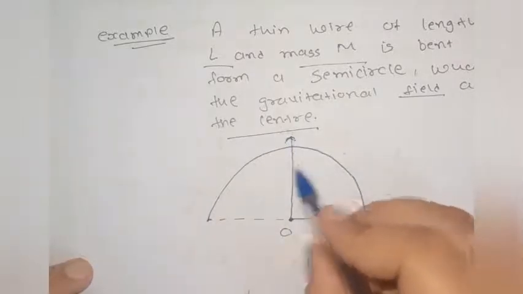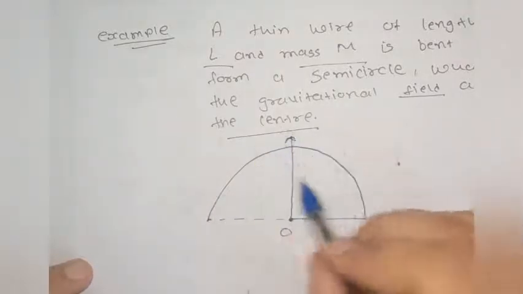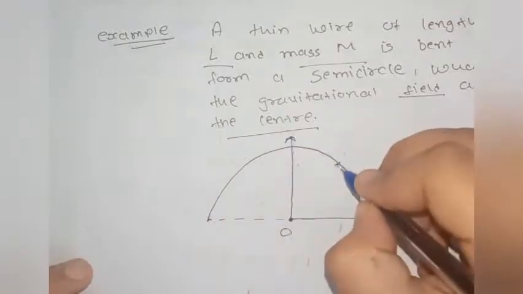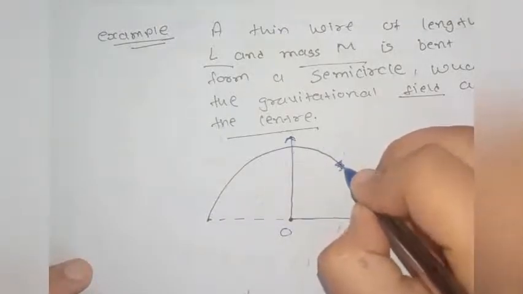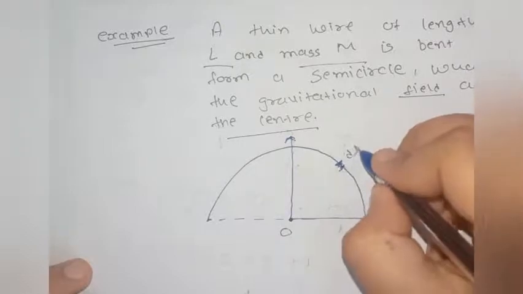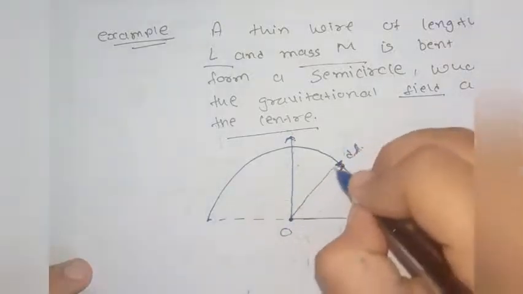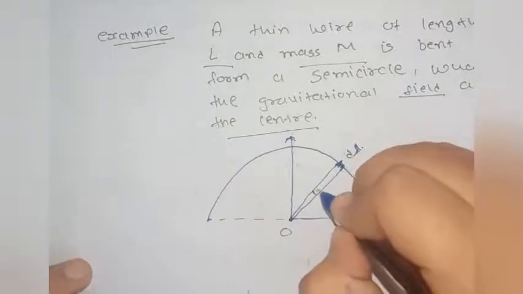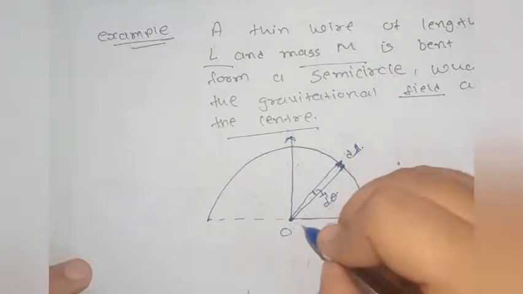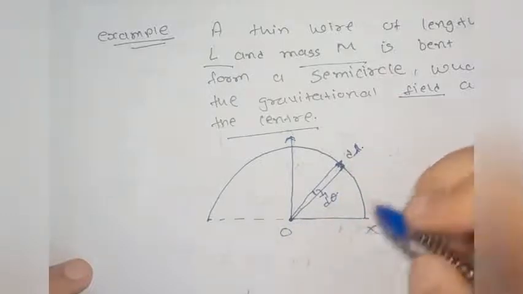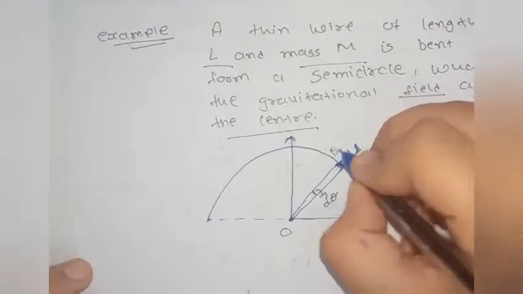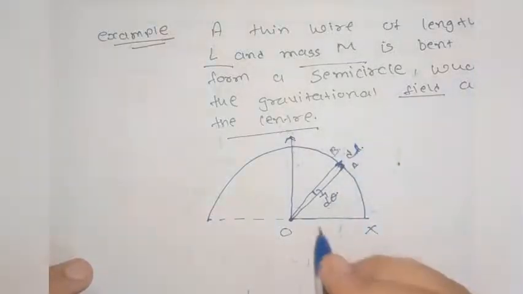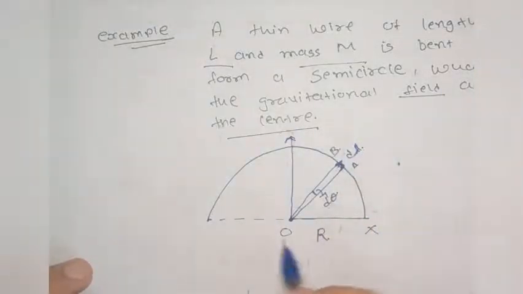We will divide this whole semicircular part into small individual mass particles of length dl. They will subtend an angle of d theta at the center. This point is A and this point is B. Let us assume the radius of the semicircular arc is r.